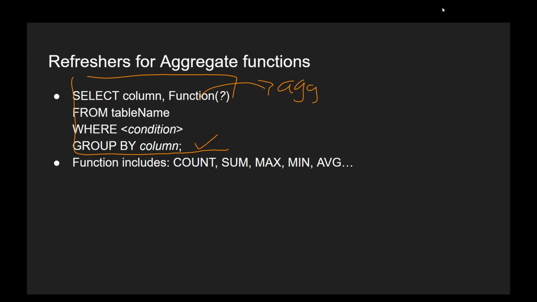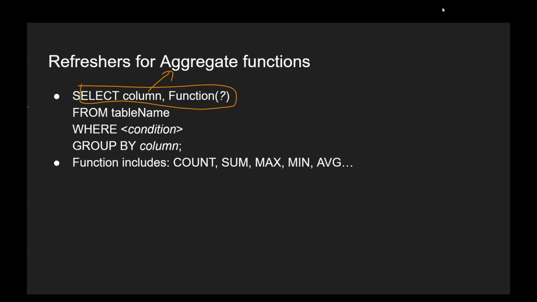Here's another tip. Let's take a look at this select clause. We have this column and this function. If we are using some aggregate function and we want to select some particular columns, we must include them in our group by. What does this mean?